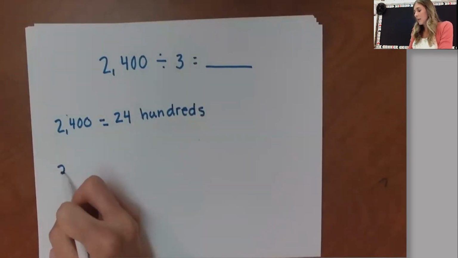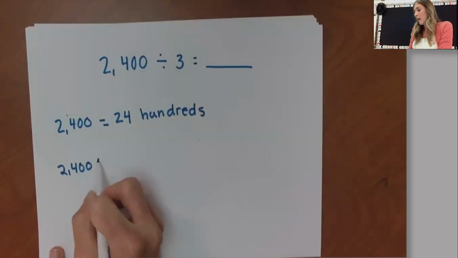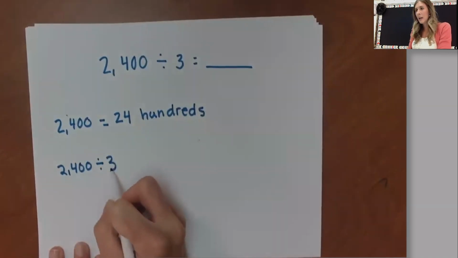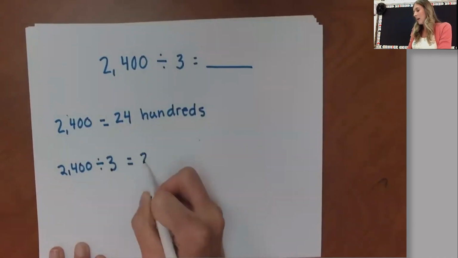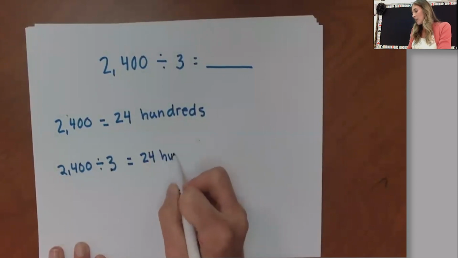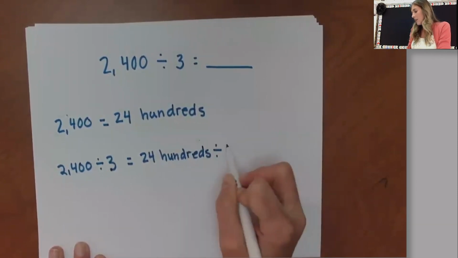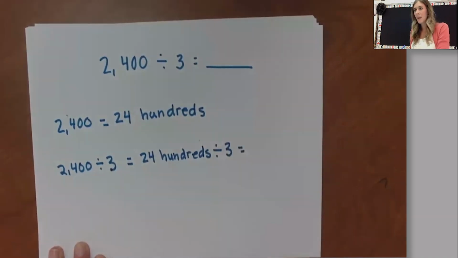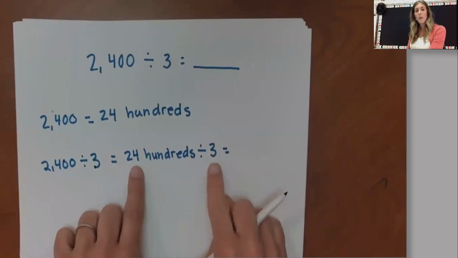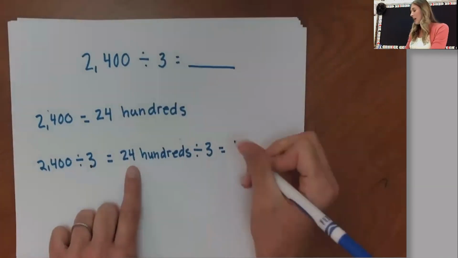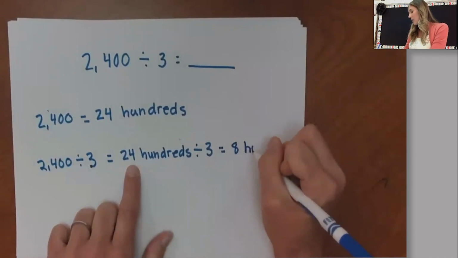So 2,400 divided by 3 can be rewritten as 24 hundreds divided by 3. Since we know that 24 divided by 3 is 8, we know that 24 hundreds divided by 3 is 8 hundreds.